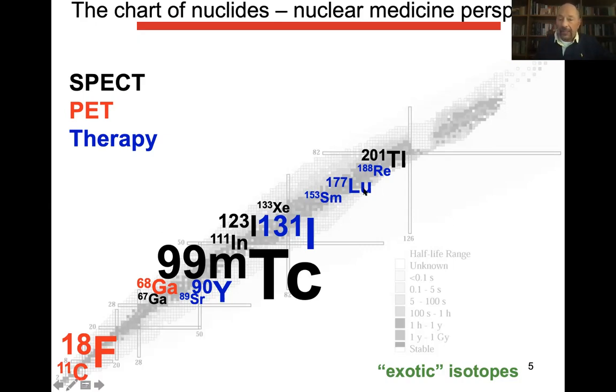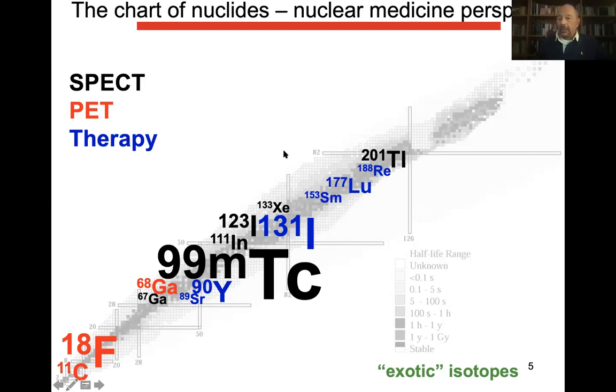If you look at the chart, SPECT, PET and therapy are in different colors. SPECT is the single photon emission computerized tomography, so it's the imaging by gamma rays. PET is the imaging that uses positrons. In reality, it uses gammas emitted by positron annihilation, but it is always positrons. And therapy is in blue.